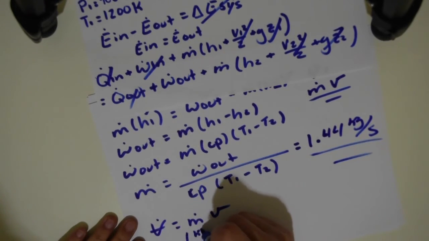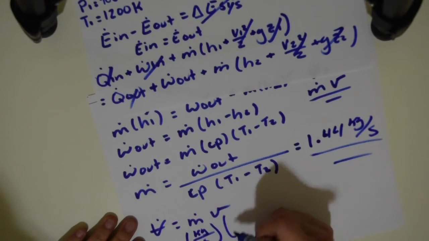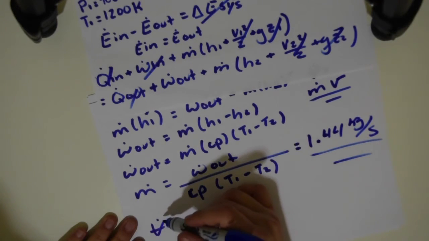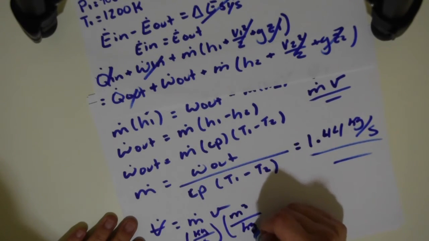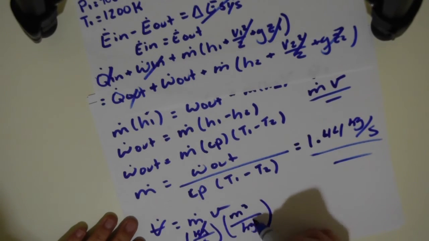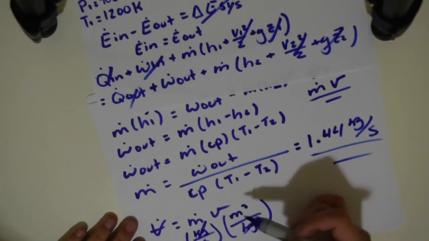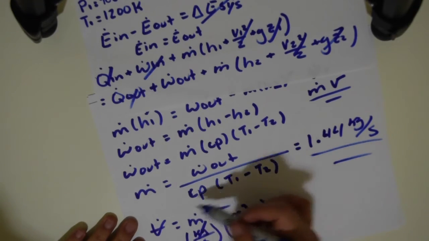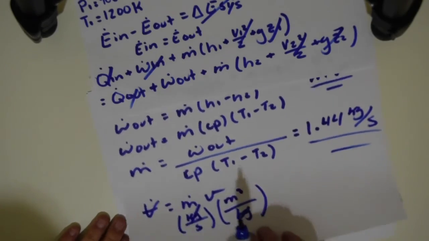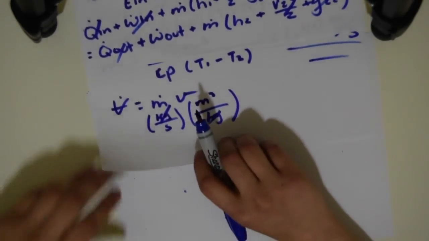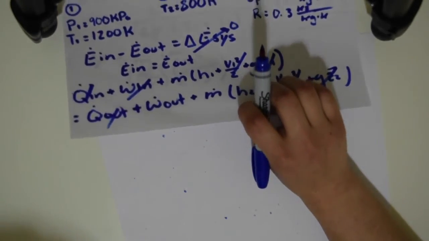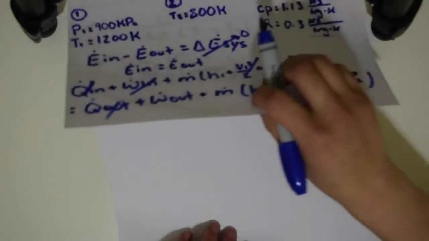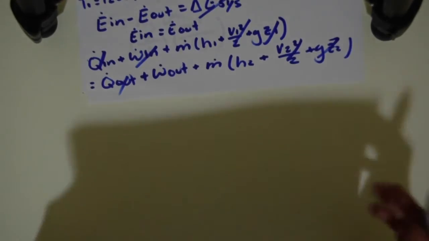This is kilograms per second, and what we want is in meters cubed per second. Specific volume is in meters cubed per kilogram, and you see how that works: the kilograms cancel and you have meters cubed per second. Basically all I did to find this equation was some unit analysis. You can also go about it by listing all your mass flow rate equations out and deriving it that way.